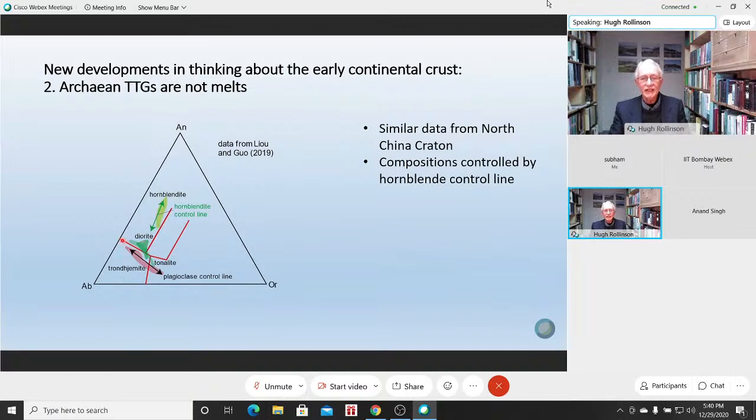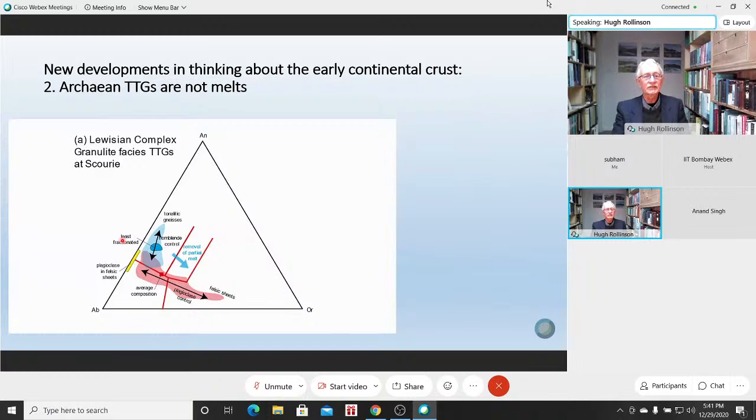So we have further evidence that TTG compositions are not actual melts, but are the product of fractionation processes using either hornblende or plagioclase. So this has serious implications for our thinking about the nature of the continental crust.